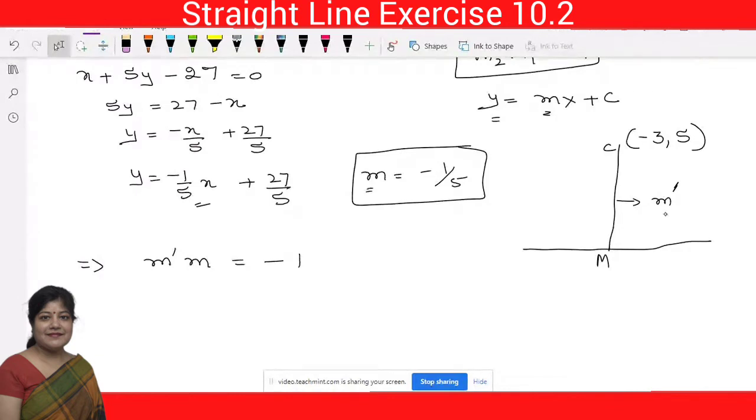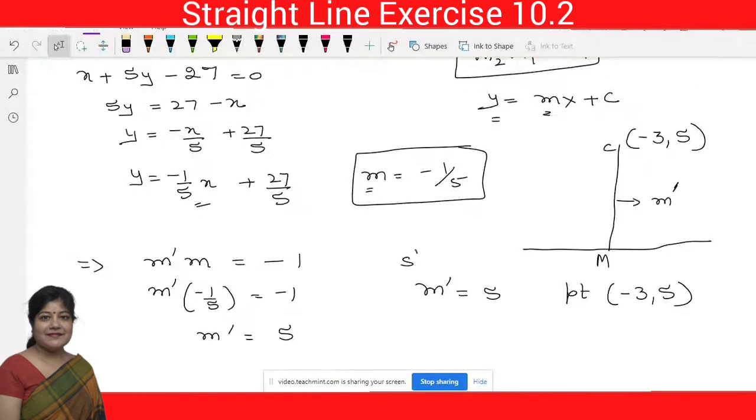The value of m is minus 1 by 5, so minus 1 by 5 times m dash is equal to minus 1, so m dash becomes 5. Now slope is 5 and the point is minus 3 comma 5, so it is the one point slope form. We have the slope and we have a point.